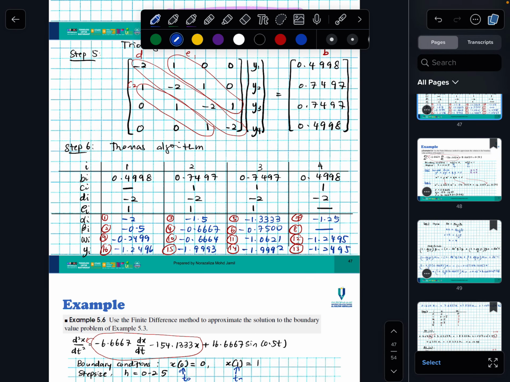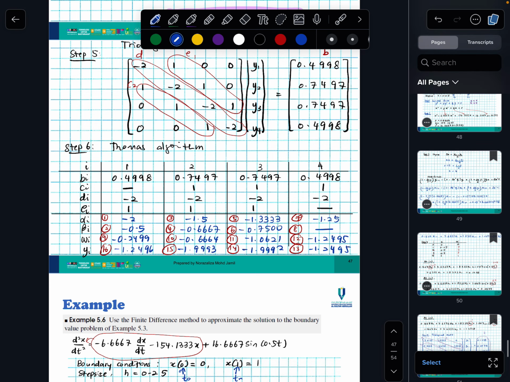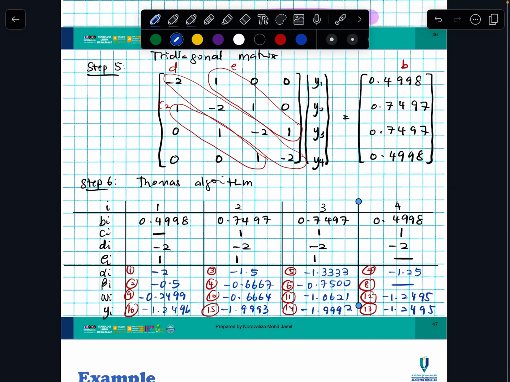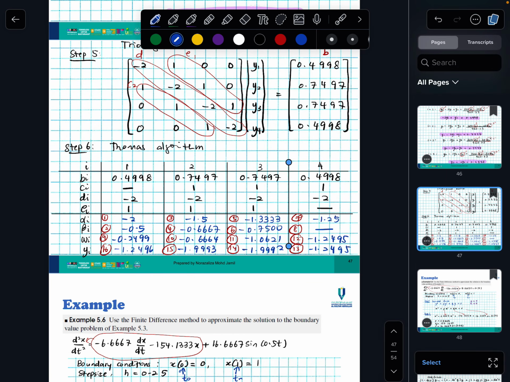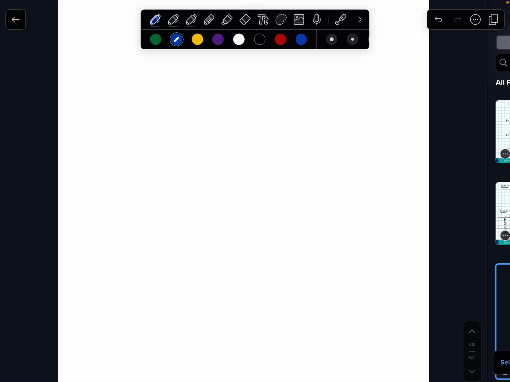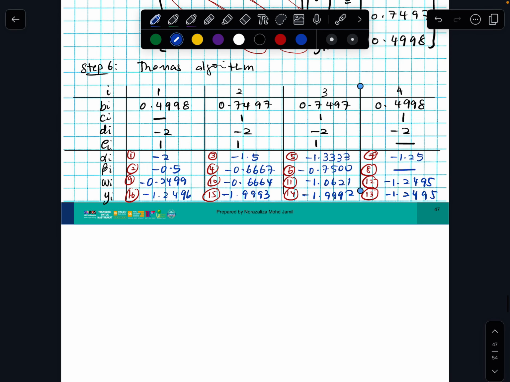So you have to make a conclusion. Your result is on the last row here, but you have to rewrite for the reader to know.